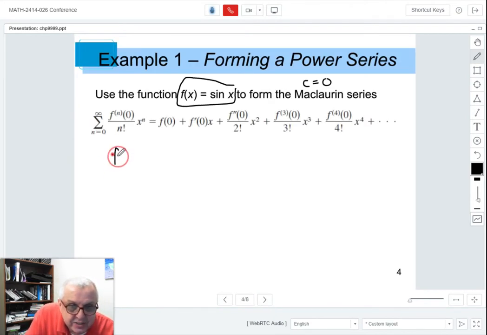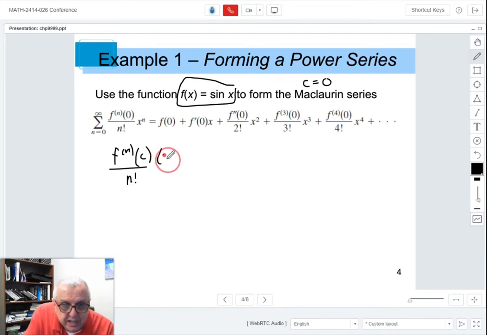This is the function f^(n)(c) divided by n factorial. And then we're going to multiply it by (x minus c) to the power n.